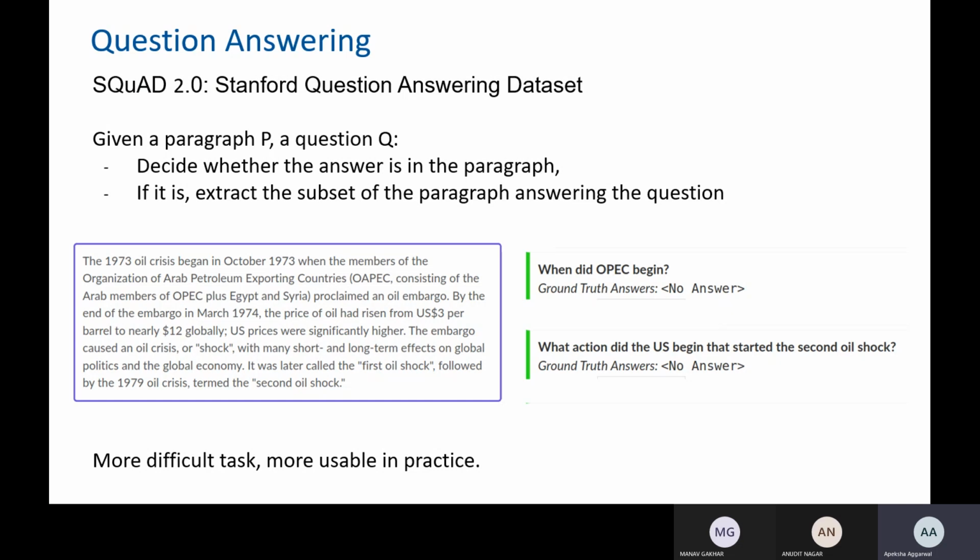So this is another setting where, along with the answer, you can add one more neuron which predicts yes or no: yes, the answer was in the paragraph, and no, the answer was not in the paragraph. This is a bit more difficult, but it's more usable for practical applications, so generally we do add one more neuron saying whether the answer was there or not.